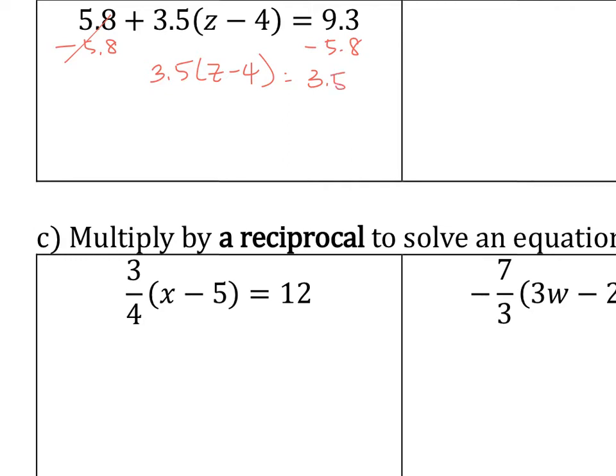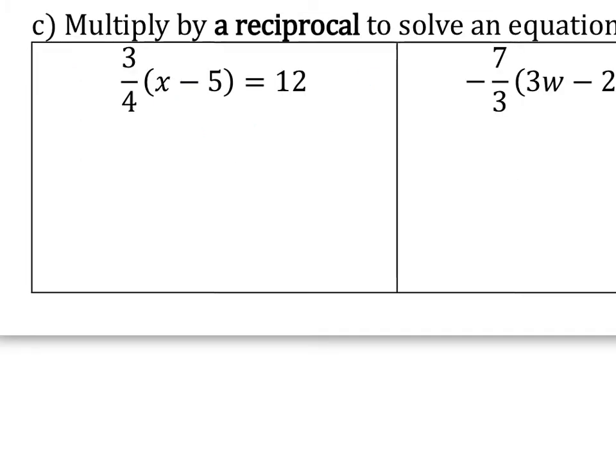And say I have the same coefficient here, I can divide by 3.5 to both sides of the equation. Cancel this out, bring down z minus 4. This becomes 1. Z will be 5.